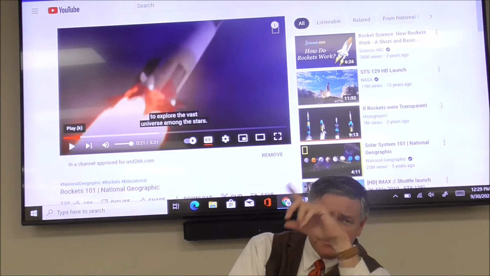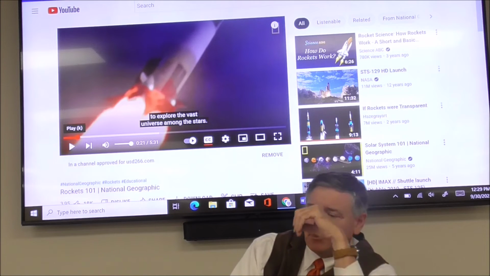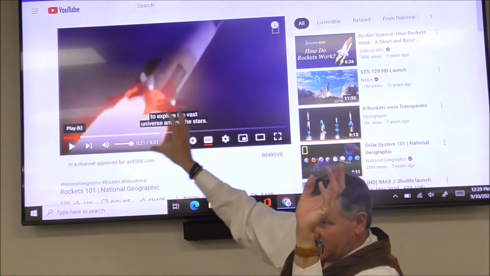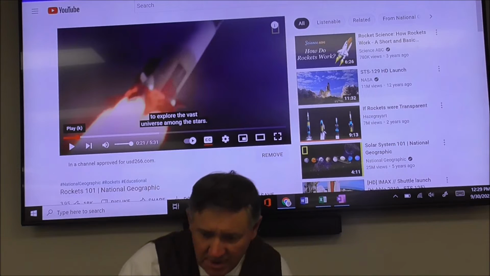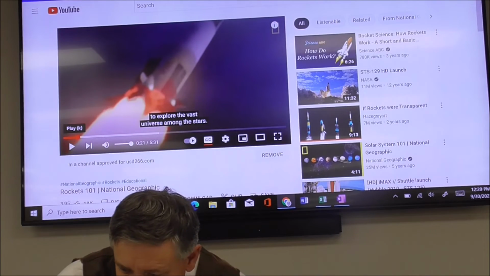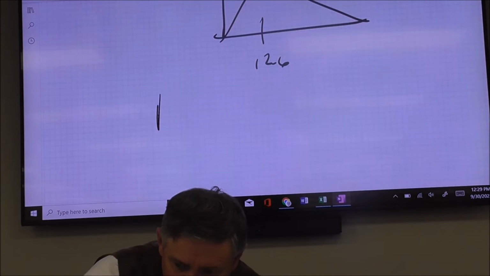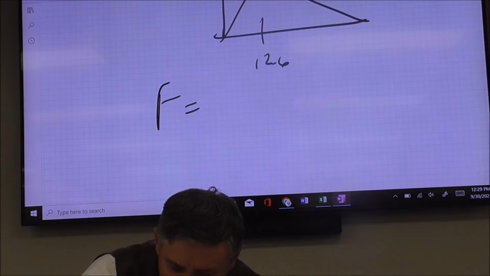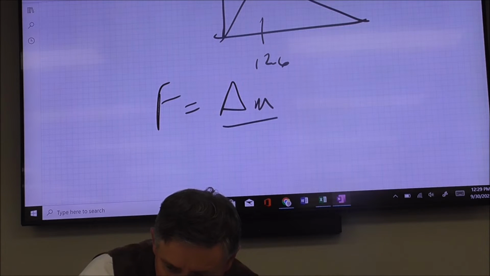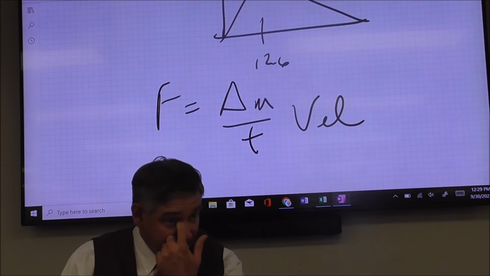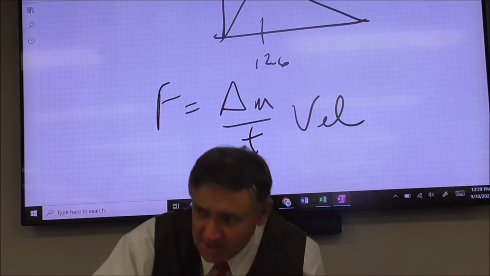So the other thing that happens from a mathematical standpoint, and we'll talk more about this later, when you talk about rocket engines and how they work mathematically, the force that you generate is a function of two things. The rate at which the fuel is burned multiplied by the velocity of the escaping gas. Okay? So we'll study more of this later.